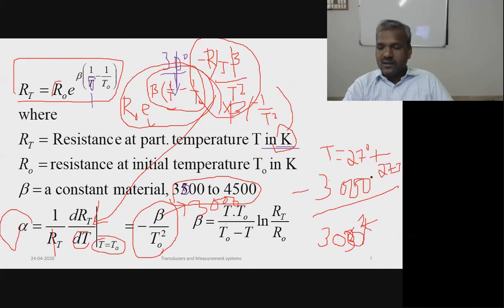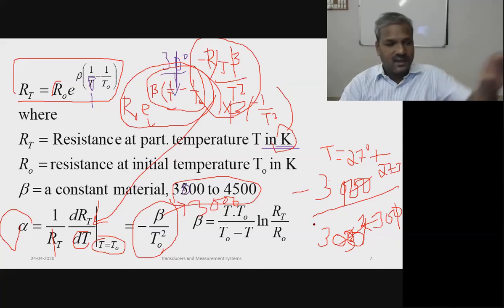One 300 cancels, and a zero cancels, so we get 3 divided by 90.